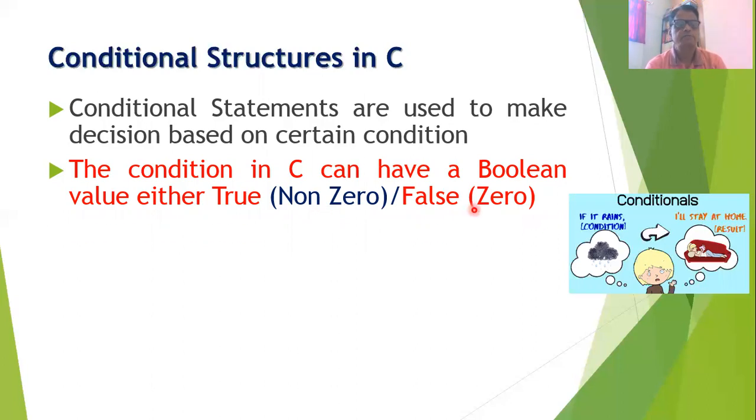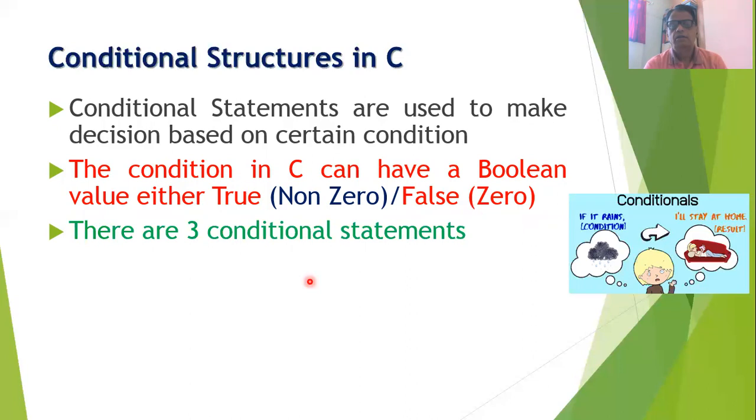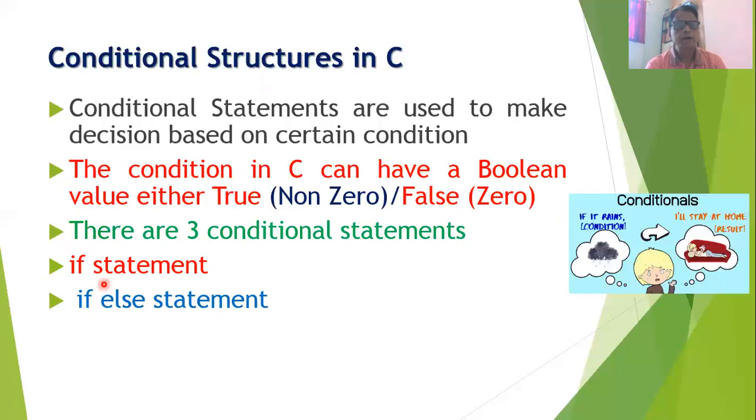So there are three different types of structures available that can be called conditional statements in C programming language. The first one is the if statement. This is a simple if statement which can be used for checking a condition. Another statement is the if else statement.